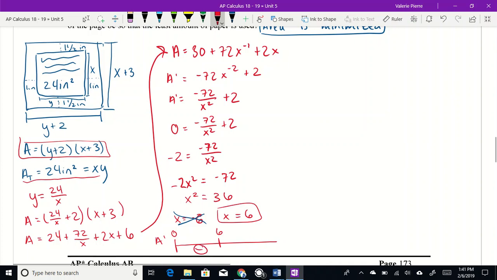And from 6 on, if I plug in a value into my derivative, I'll get a positive number. So since A prime changes from negative to positive at x equals 6, area is minimized.